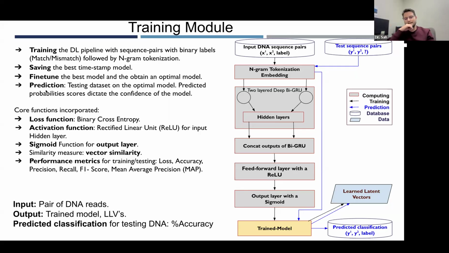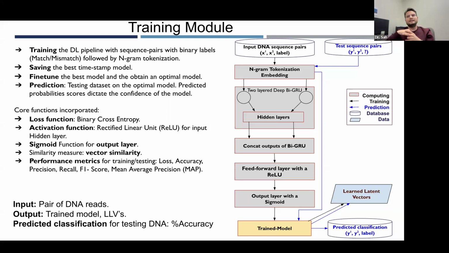Fine tuning is a process where we try to freeze the learning parameters in the neural network, because those are the optimal values, right? With fine tuning, whatever the optimal values of those parameters are, we keep them as they are so that the best learning can be carried out for the next step.